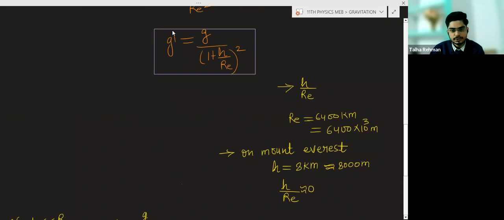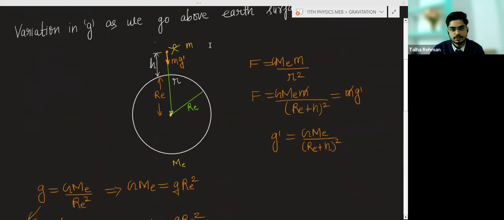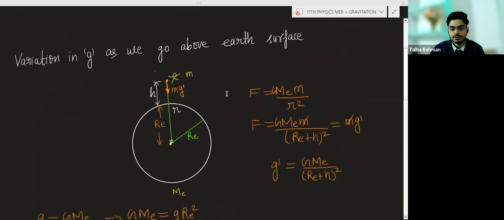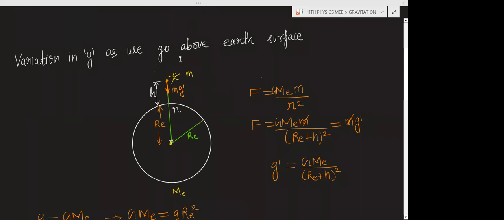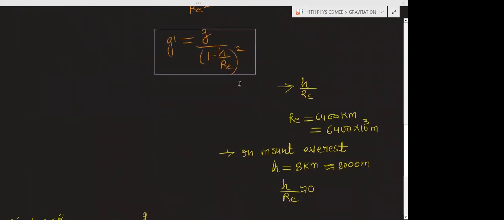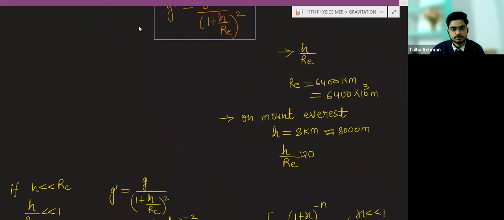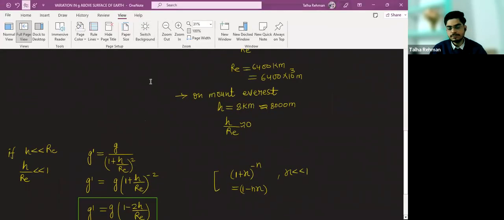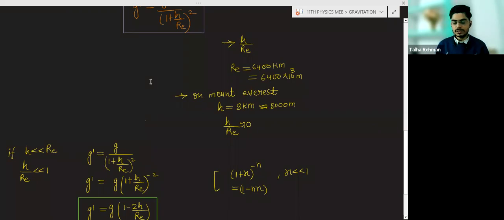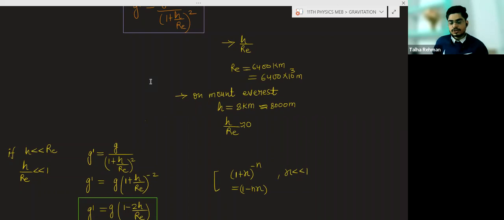Have you written this earlier or not, Hiba? Yes, sir. So now continue from here. Then we will see the variation in acceleration due to gravity when we go below the surface of the Earth.